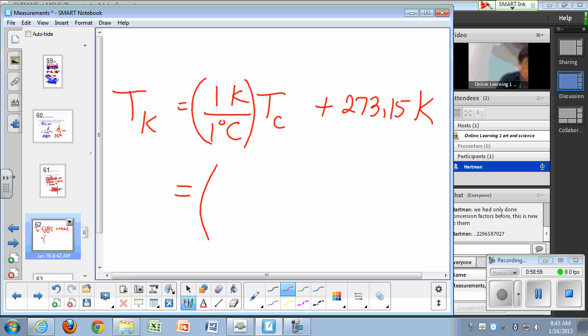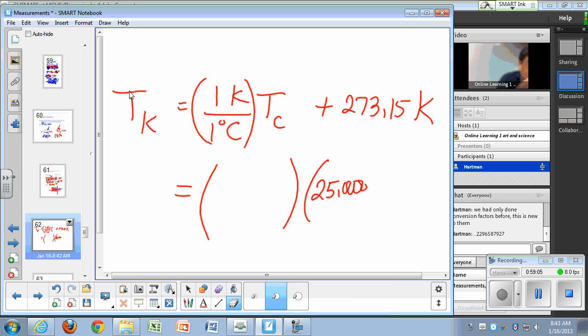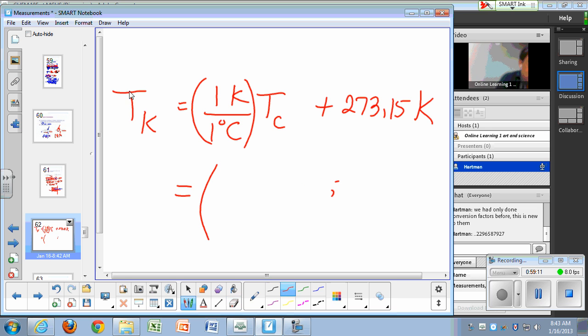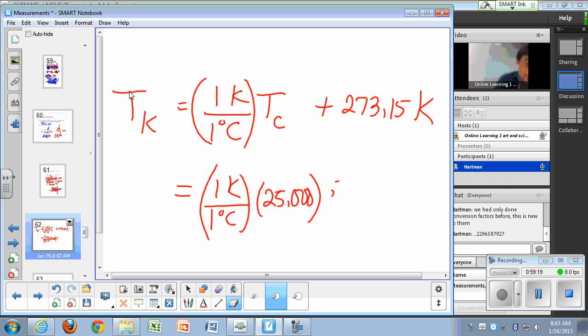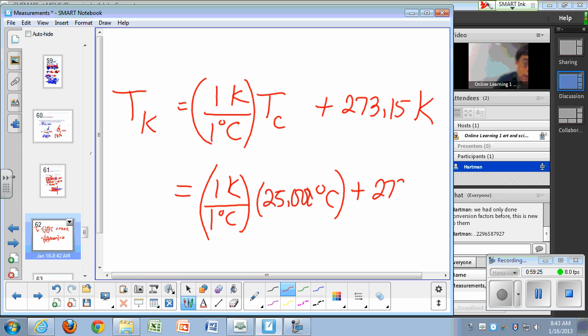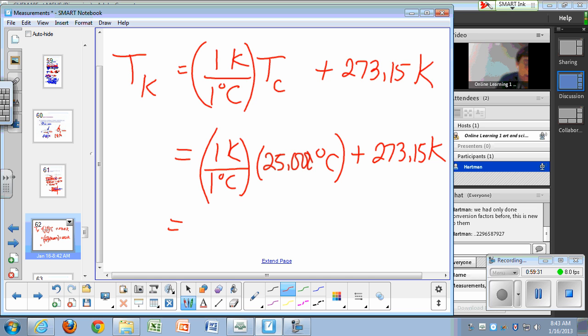That's equal to whatever Celsius reading I have, 25.000, 3 zeros, right? So 1 Kelvin over 1 degree Celsius times 25.000 degrees Celsius, plus 273.15 Kelvin. If we do this first step right here, 1 times 25 is 25. How many sig figs do I have here? Celsius cancels out. 5 sig figs.